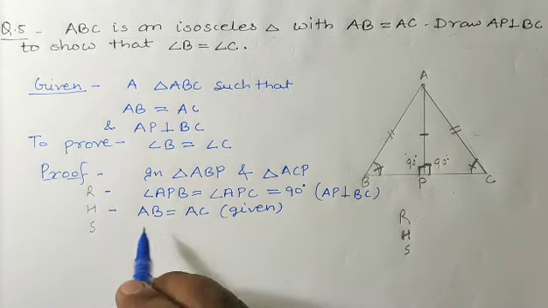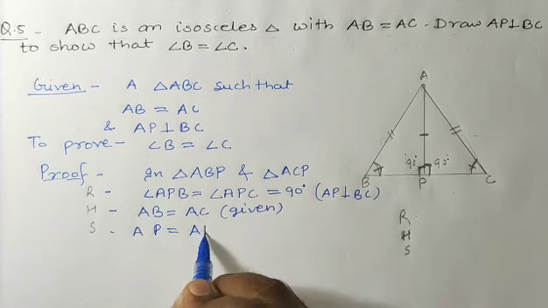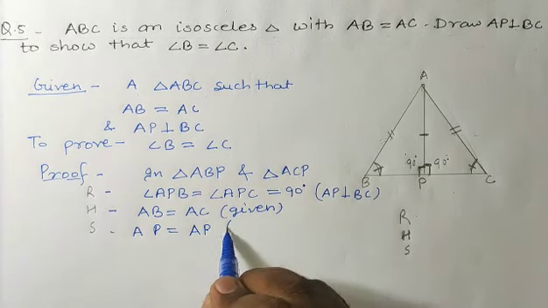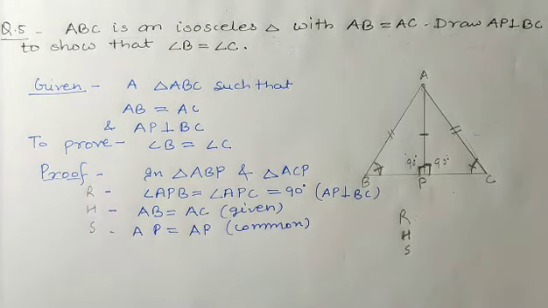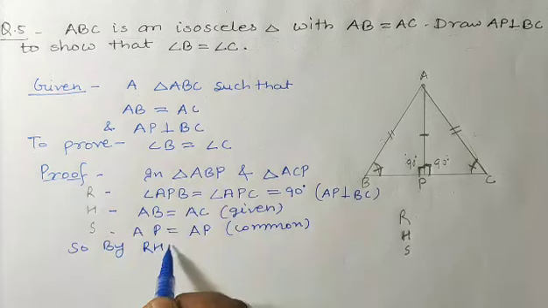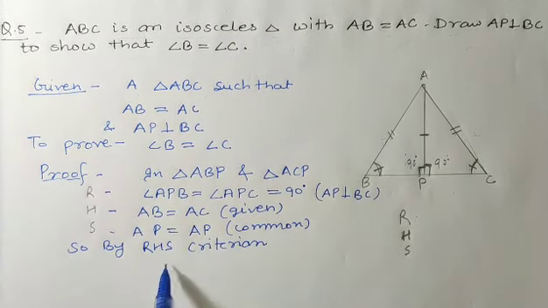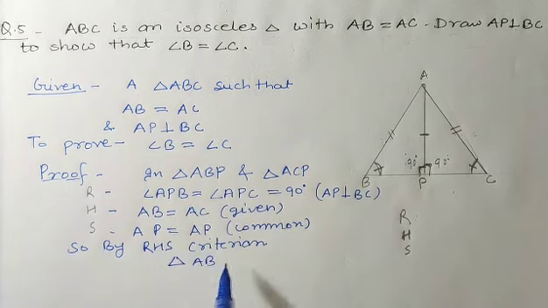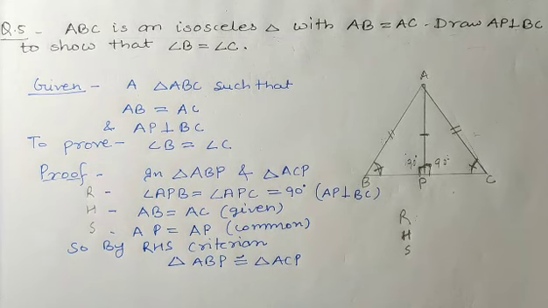And the third side AP is equal to AP, it is common. So by RHS criterion, we can say that triangle ABP is congruent to triangle ACP.